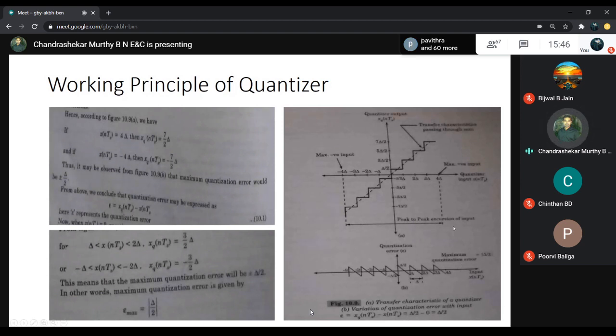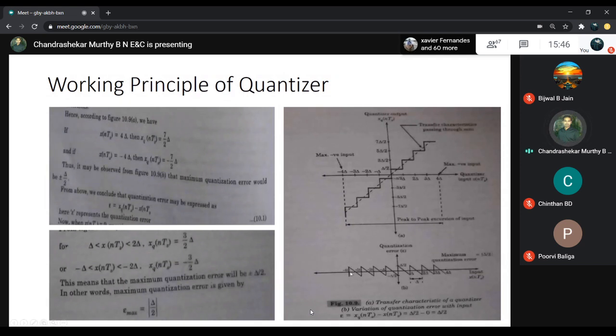This is the transfer characteristics, that is input and output, if you are considering a uniform or linear signal. This is also the error, the variation in the error.